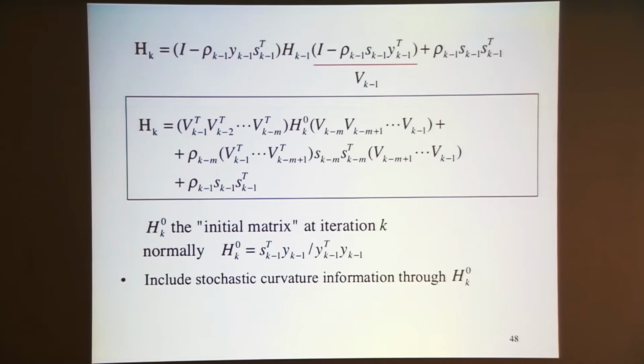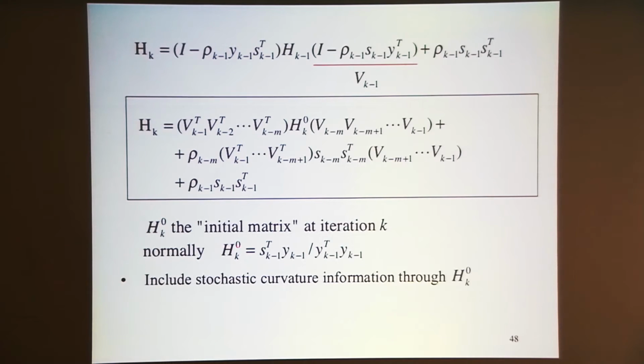So if you do that, if you unroll it, and then you see what is the matrix that you obtain by starting with some initial matrix that I call 0 here and doing all these updates, the expression looks like that. So this is the nesting of many quasi-Newton updates on the initial matrix there.